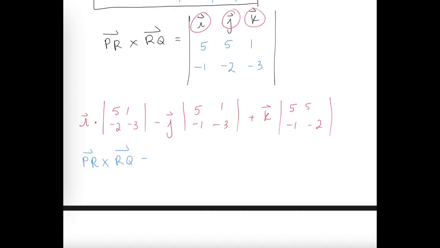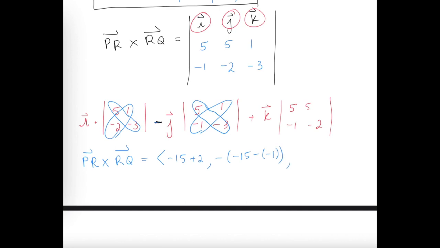And so then we end up with this cross product, PR cross RQ, which, going back to the pointy bracket notation, I'm going to have -15 minus a -2, which is going to be +2, so that's my i component. My j component, I'm going to pull this negative out and then calculate -9 minus -1. I've got a lot of negative signs going on here, so we're just going to leave this one out until I'm ready to distribute that in.